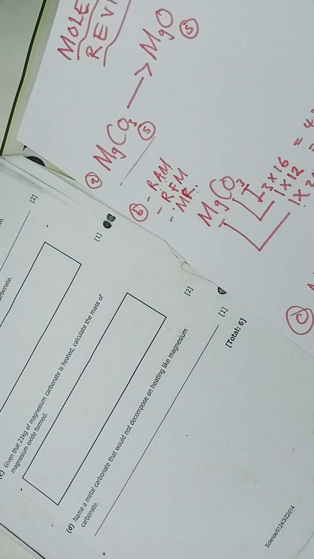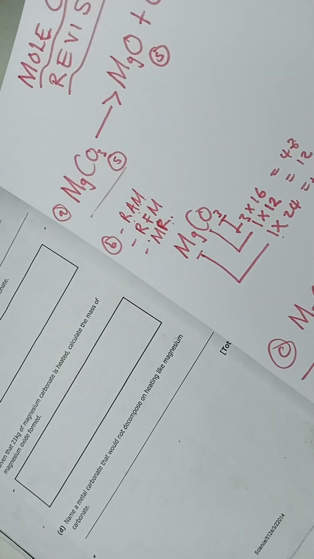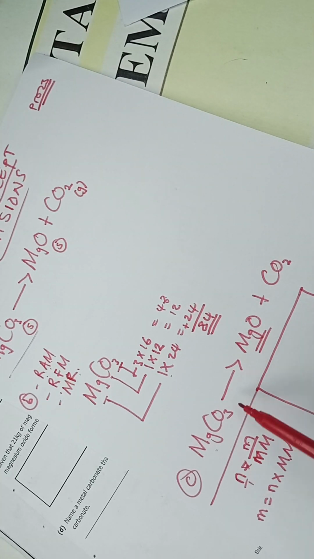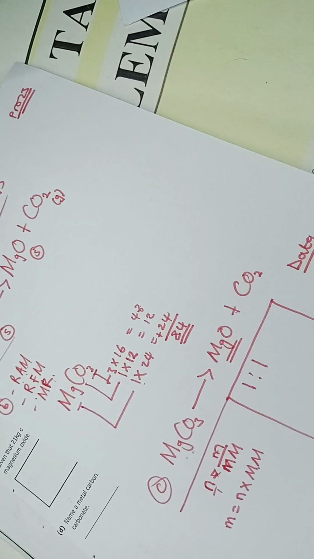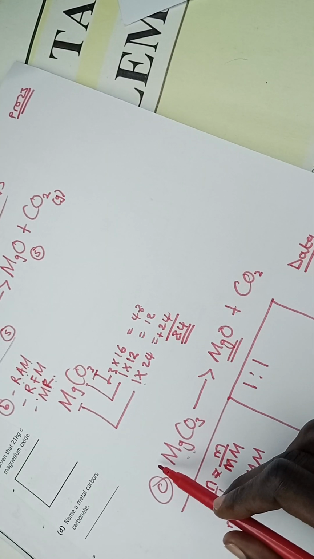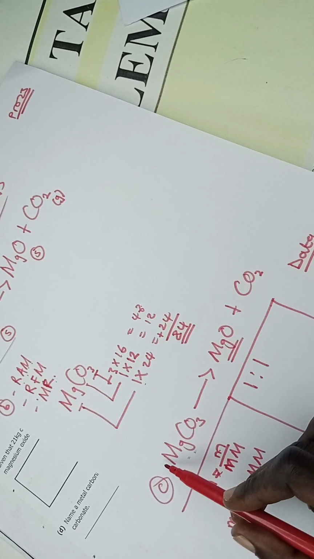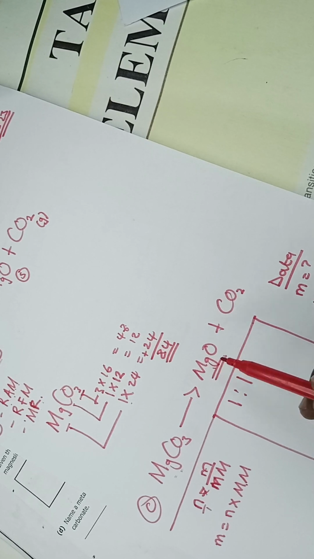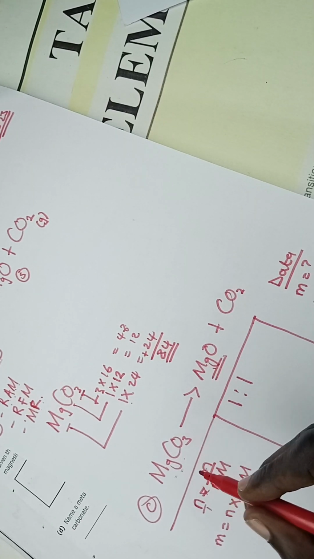So we are first going to find the number of moles for magnesium carbonate. When you look at the equation here, the mole to mole ratio is 1 to 1 because we don't have any number in front of magnesium carbonate. So it means that we have one mole of magnesium carbonate decomposing into one mole of magnesium oxide. So let's find the number of moles for magnesium carbonate.